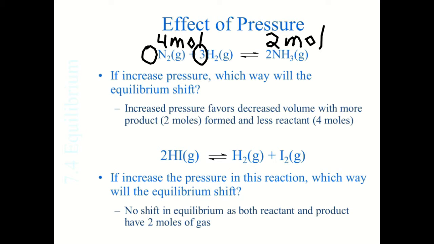Okay. If I increase the pressure, which way does it shift? If I increase the pressure, it shifts towards the product, which is the right, so that the pressure will decrease.